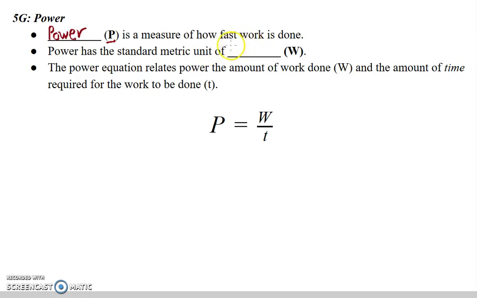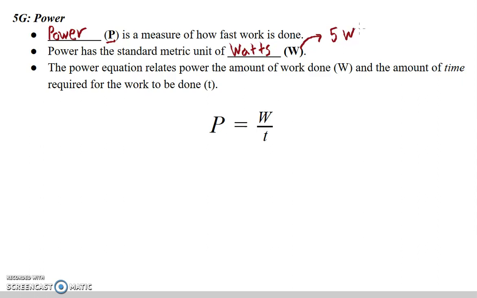Power has the standard metric unit of watts. So this W is the abbreviation for watts. If you see like 5W, that means something has 5 watts of power.